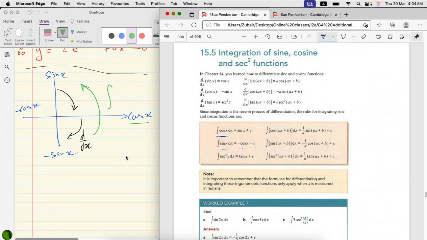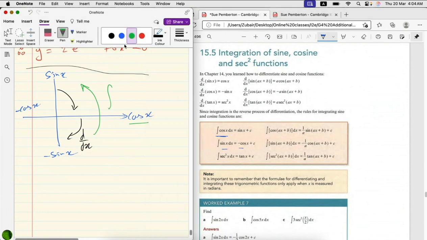And if we would have anything inside the bracket, for example, in case of differentiation, let's say sine 2x plus 3, so dy by dx was differentiation of sine, which was cos, and then whatever is inside the angle multiplied with differentiation of that.